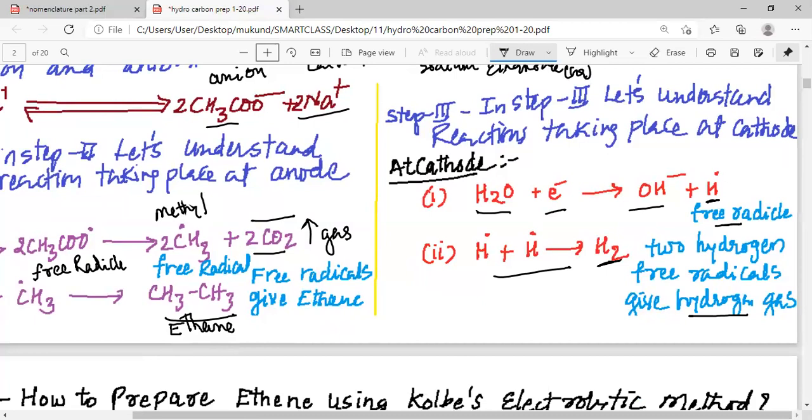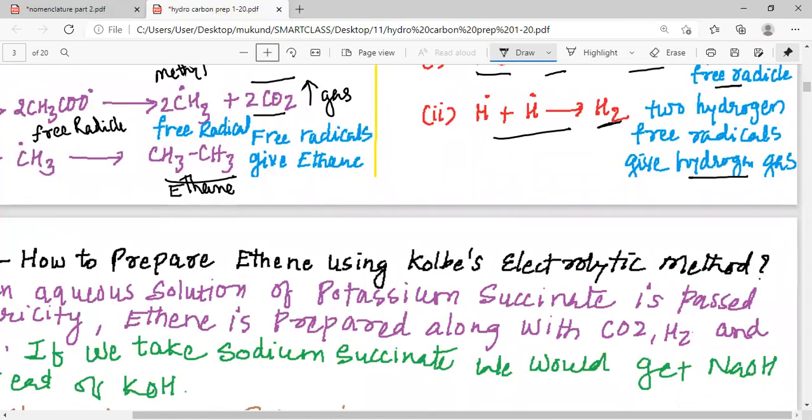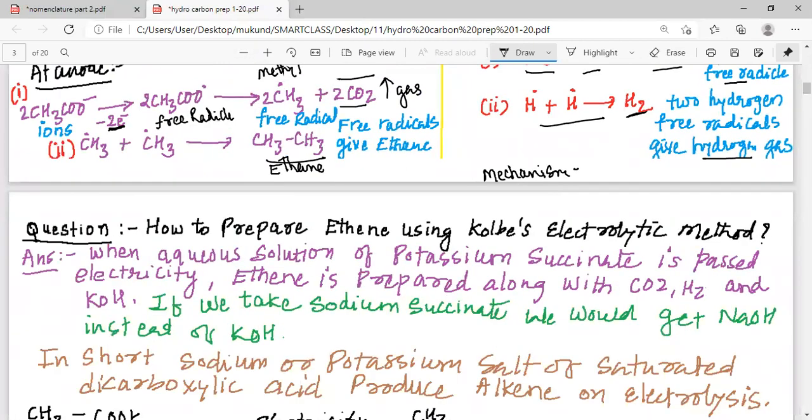This is what takes place at cathode. So this is how, my dear students, we can understand the various reactions taking place at anode and cathode. And this is the mechanism for the Kolbe's electrolytic method. So we have seen the mechanism for the preparation of ethane by using the Kolbe's electrolytic method.